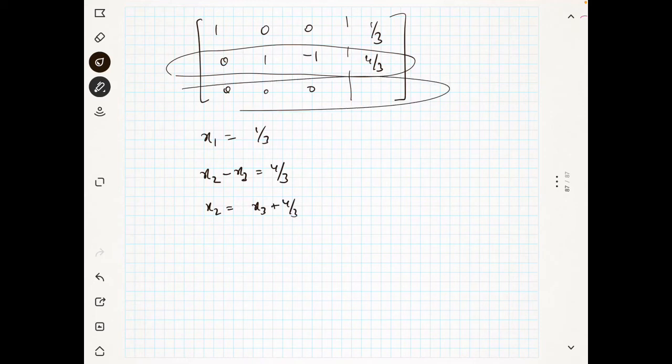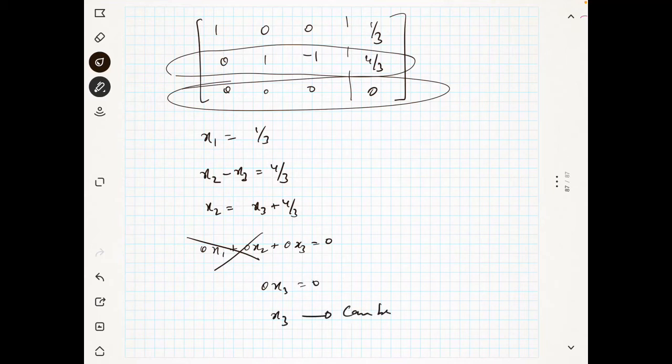And what does this last equation tell? This equation tells that 0x1 plus 0x2 plus 0x3 is equal to 0. And we already have the solution for x1 and x2, so we can omit this. So 0x3 is equal to 0, so x3 can be any value.